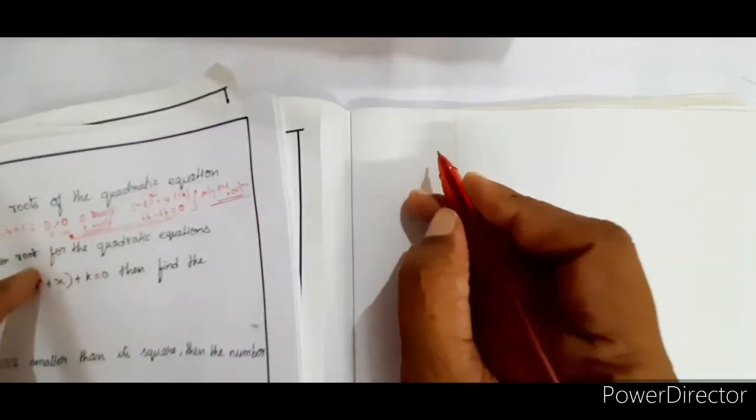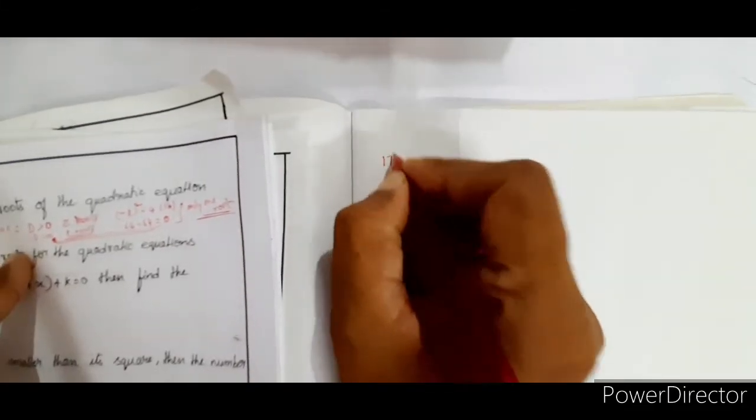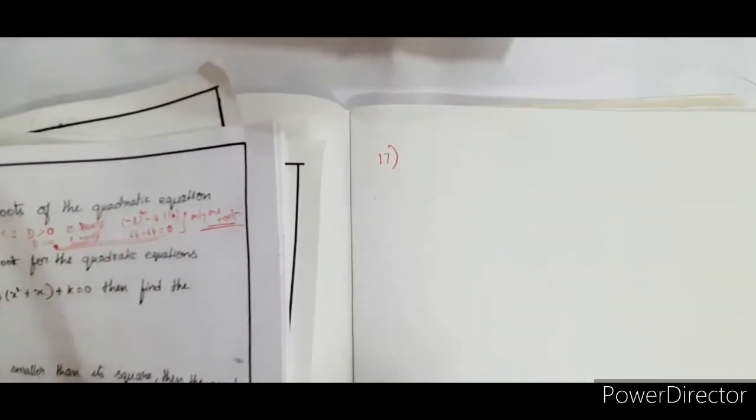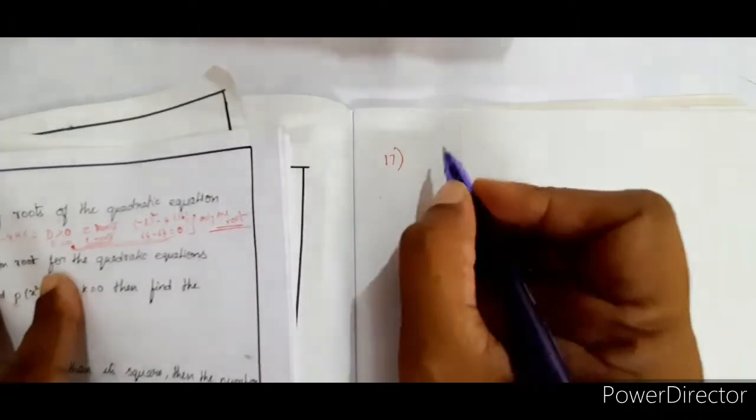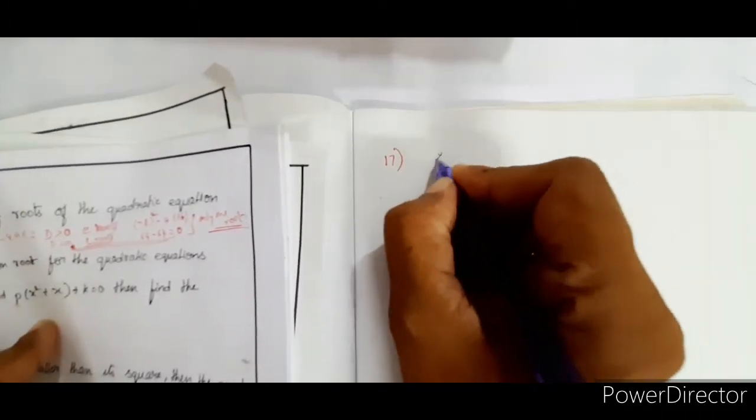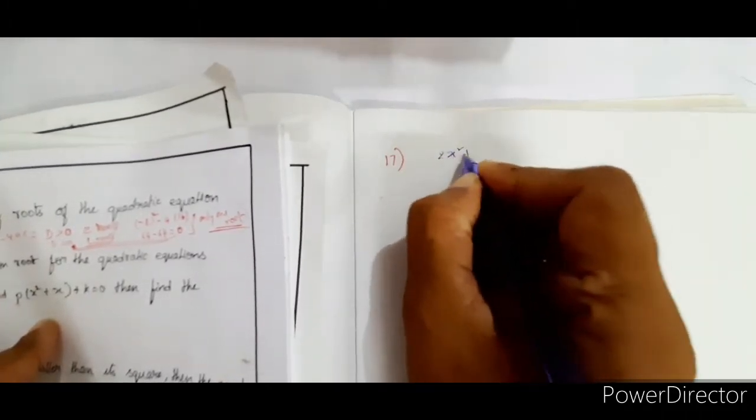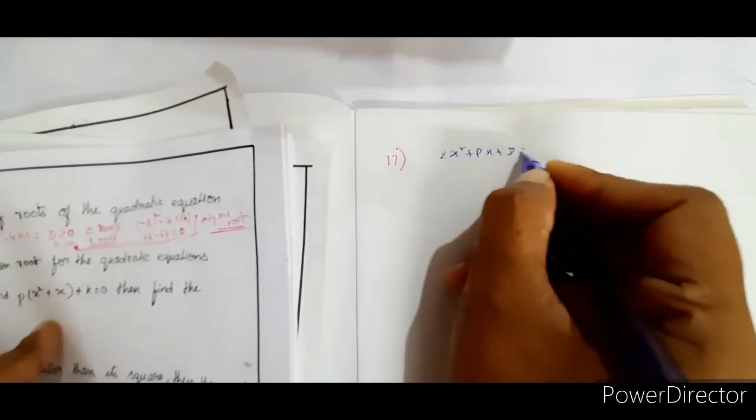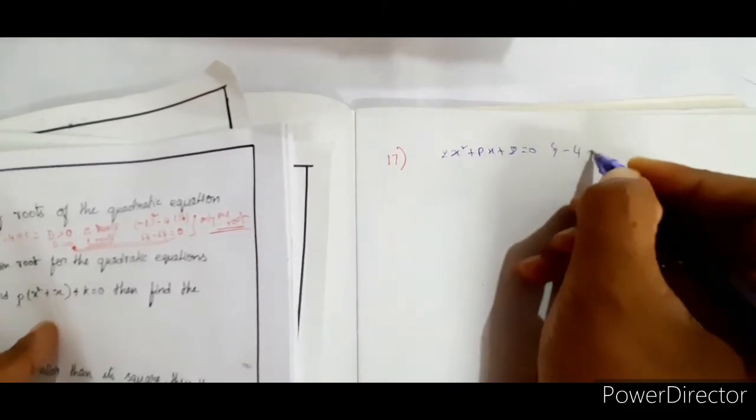Alright, 17th problem. Minus 4 is the common root. The given equation is 2x square plus px plus 8 is equal to 0, and minus 4 is the root.